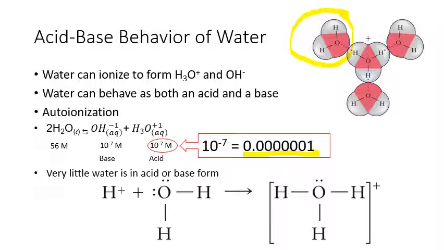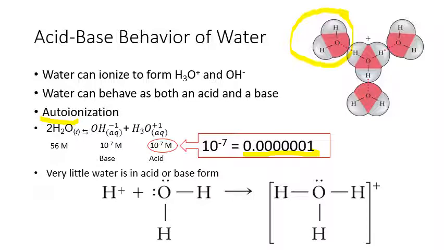And it turns out that if you just let water sit on its own, it'll go to an equilibrium where about 56 moles are in the H2O form, and then 10 to the minus 7, or 0.0000001 moles of water are either in the H3O or the OH minus state. And this is called the auto-ionization of water. Auto means it kind of happens automatically, or it happens by itself without any input. And this just happens. It just very slowly happens.